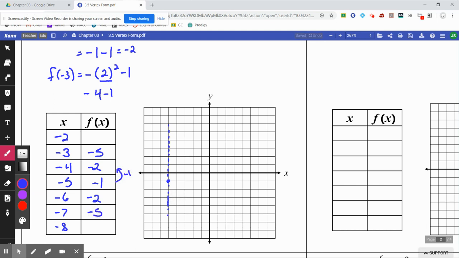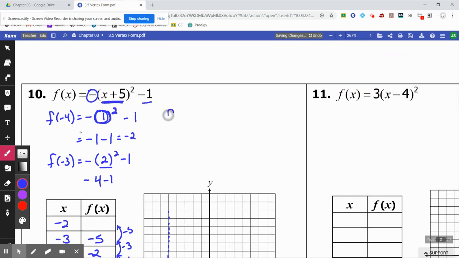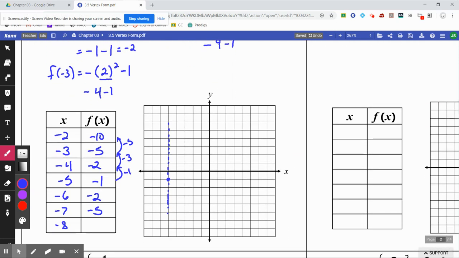We went down 1, then we went down 3. The correct answer here should be down 5, should be -10. Let's test and see. Let's do F of -2. Leave the negative. -2 plus 5 in parentheses is 3. This will be a -3 squared is 9 minus 1, which is in fact -10.